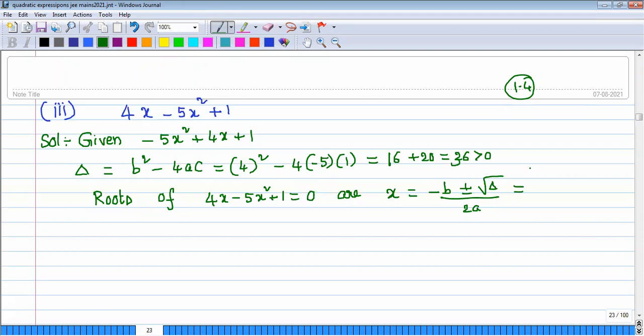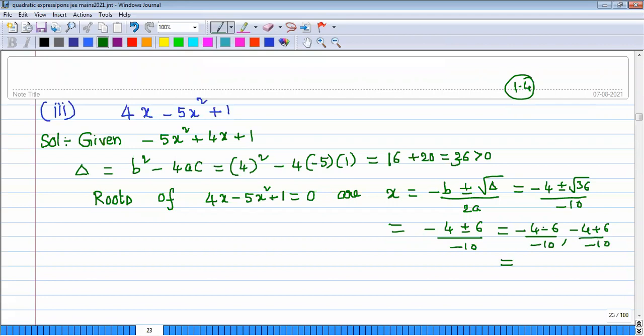So minus b means actually b is 4, minus 4 plus or minus root 36 upon 2a, upon 2a means minus 10. So this equals minus 4 plus or minus 6 upon minus 10. So you get minus 4 minus 6 upon minus 10, comma, minus 4 plus 6 upon minus 10. So you get minus 10 by minus 10, 1, and 2 by minus 10, minus 1 upon 5. Here alpha is minus 1 upon 5, beta is 1.